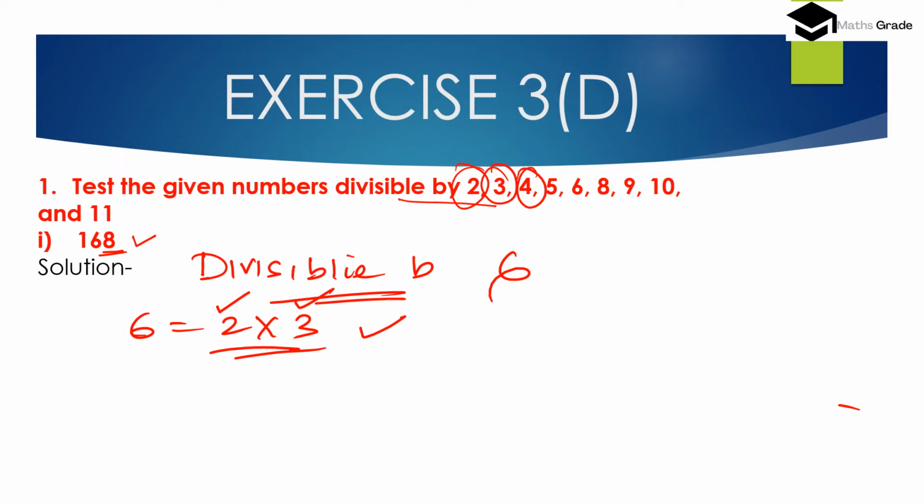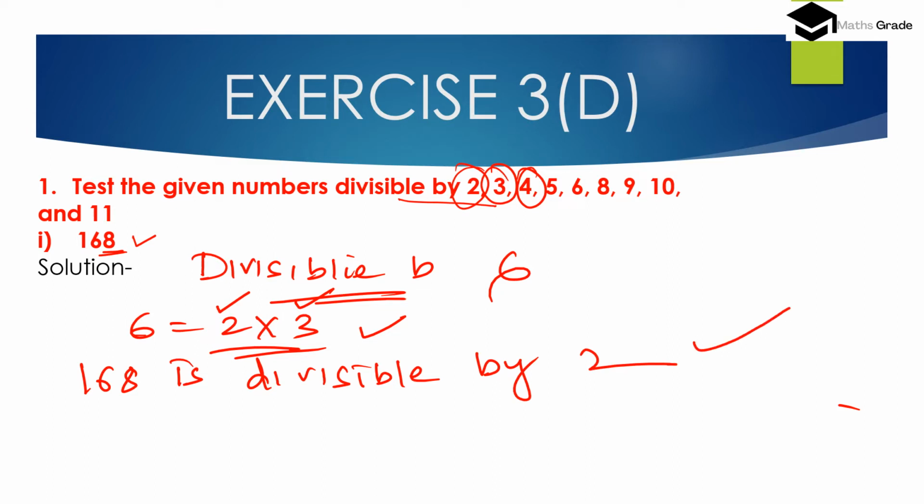Here 168 is divisible by 2 because the unit place digit 8 is divisible by 2. Now we check divisibility by 3. The digit sum of 168 is 1 plus 6 plus 8, which is 15, and 15 is divisible by 3.